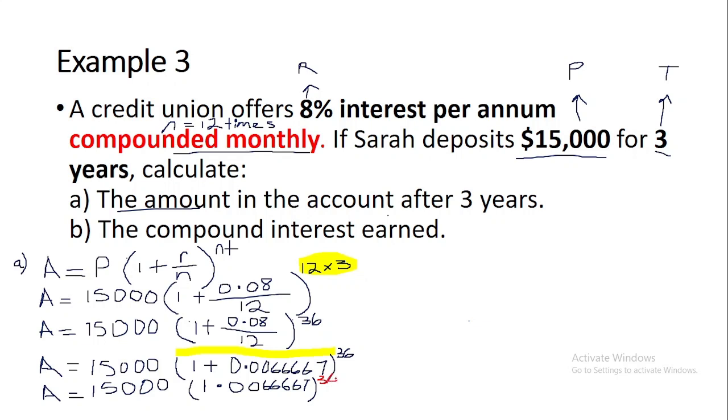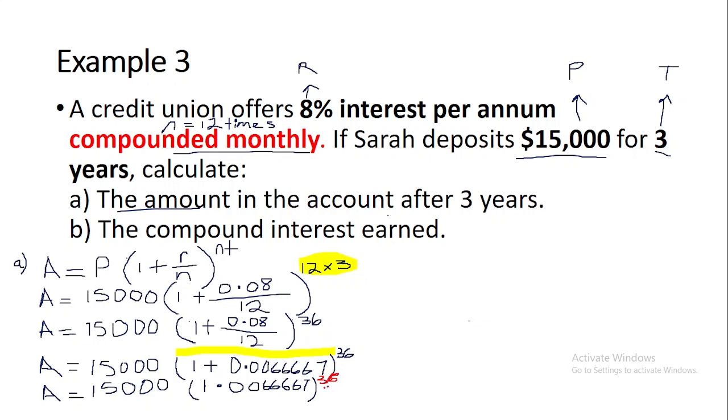And remember, it's raised to the power of 36 because we have nt, so all of what is in the bracket must be raised to the power of nt. So n is 12, the number of times it compounds within the year, times t, which is the time, so 12 times 3 is equal to 36.